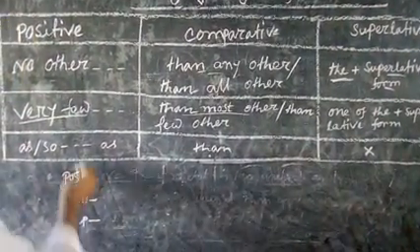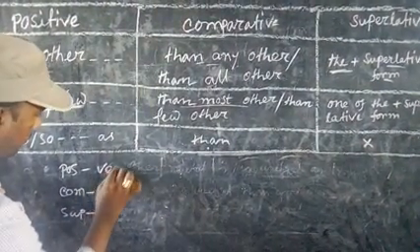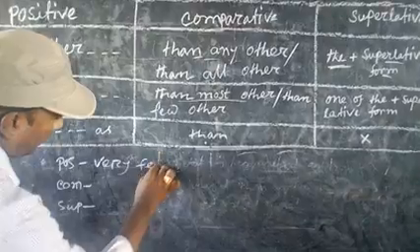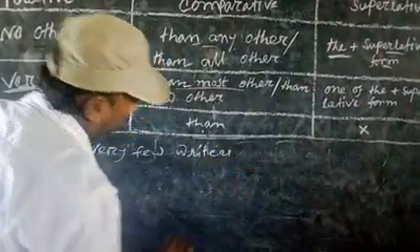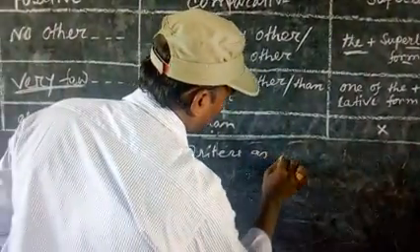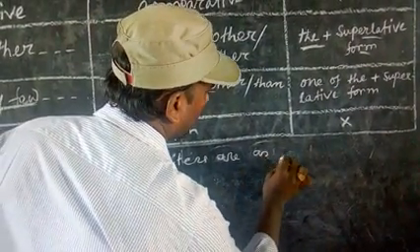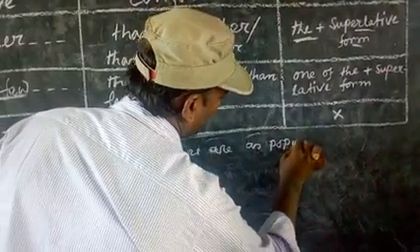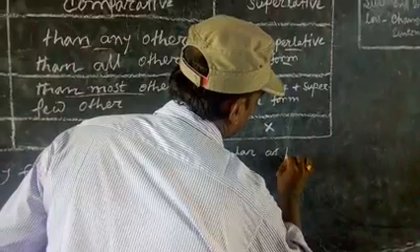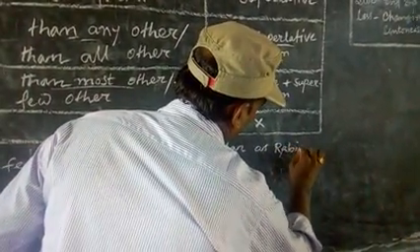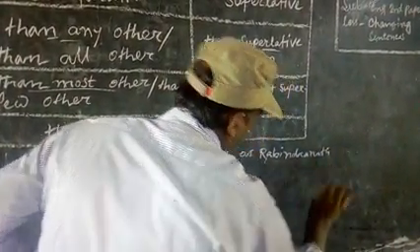Next, if the positive sentence begins with very few: very few writers are as popular as Rabindranath Tagore.